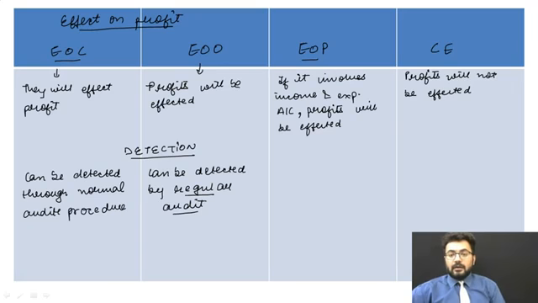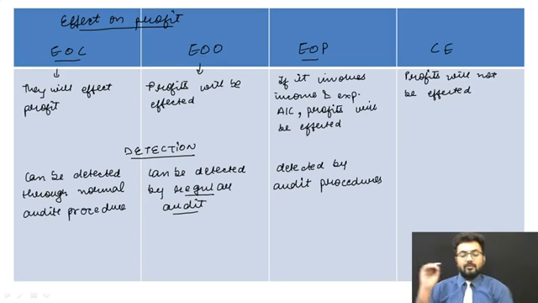Now, moving on to the next. Errors of principle are detected by audit procedures. What are these kinds of audit procedures? We are going to study them as well. But audit procedures do involve ledger scrutiny, or a comparison and analysis of financial statements.